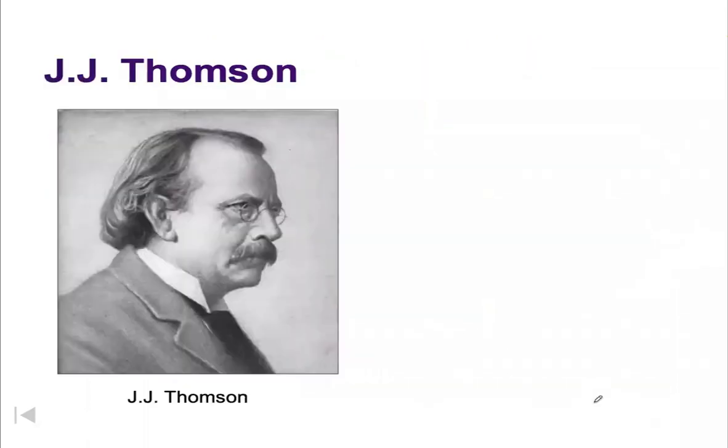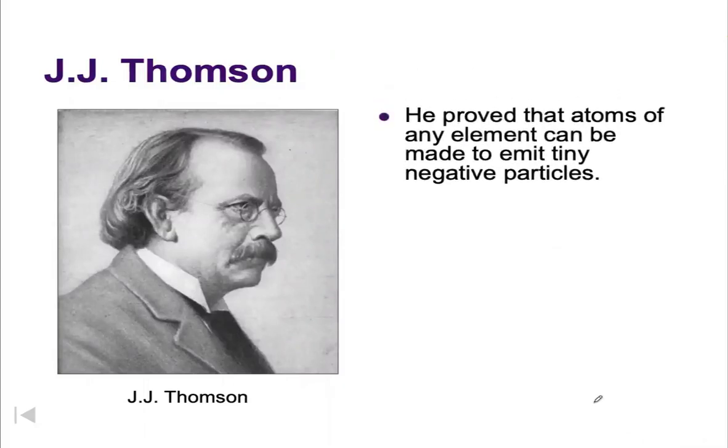So what are the outcomes of this famous J.J. Thomson experiment? He proved that an atom of any element can be made to emit tiny negative particles. So the atom is not an elementary particle. Before this, Dalton's theory said that the atom is the elementary particle and cannot be broken further.